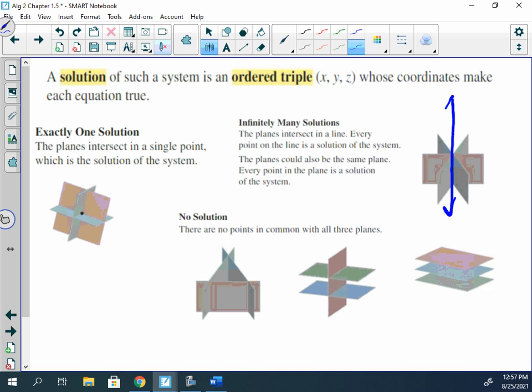Or we can have infinitely many. That line there would represent all the points that are true for all three equations. It could work out that we have more than one solution that is true, and it's defined by this line.